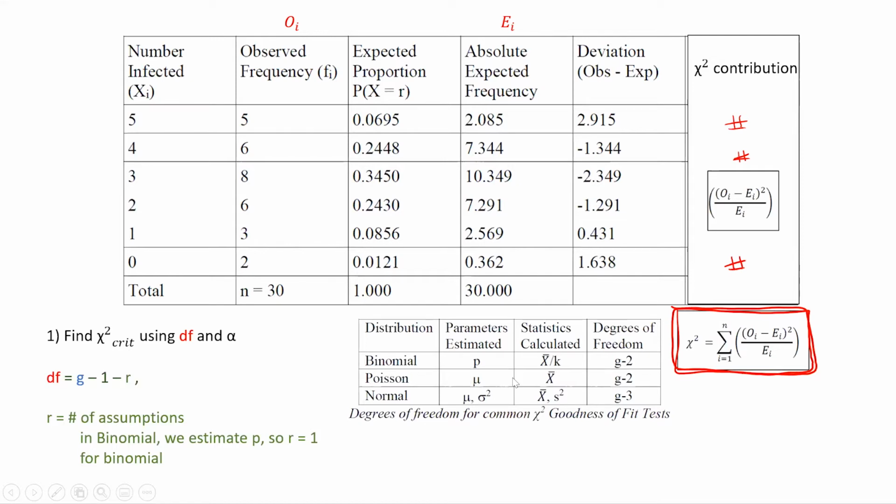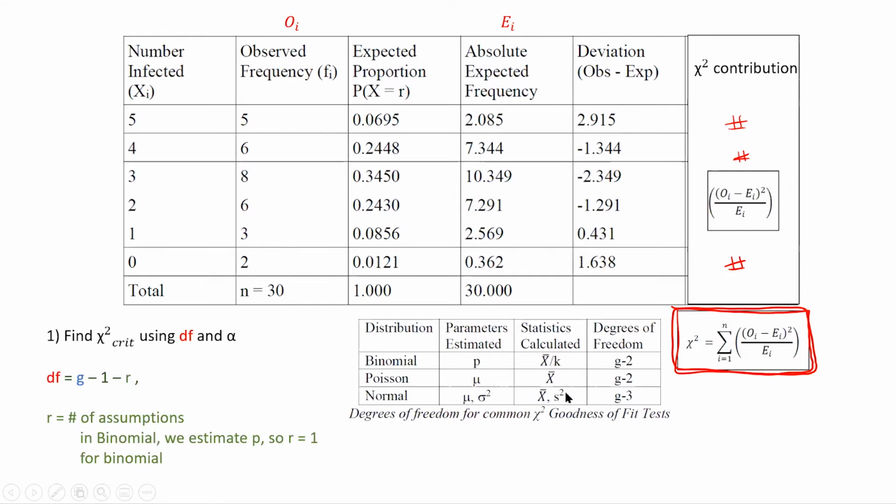For Poisson, we have our sample mean, our sample X bar. We use our sample X bar to estimate the population mean, which means that we also have one estimated parameter, R equals 1. For our normal distribution, we have our X bar, our sample mean, and we have our sample variance.